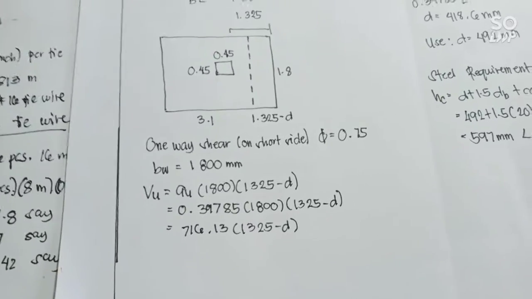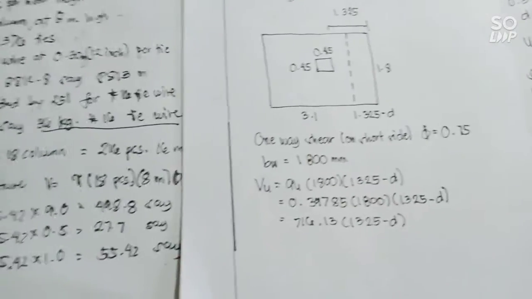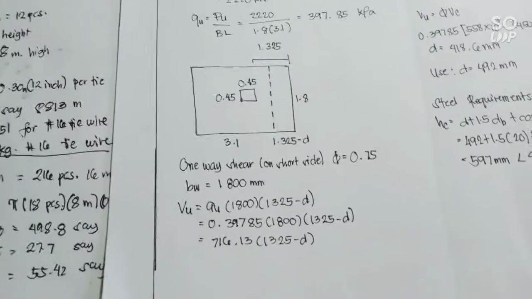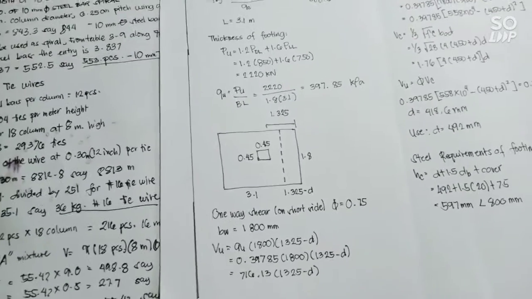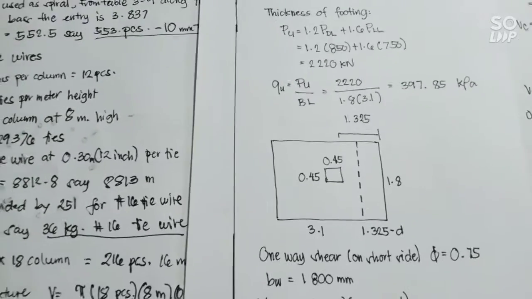So the depth based on the wide beam shear, we use the VU, or the factored shear force, that has the formula of QU times the width times the distance from here, the 1.325 minus d.